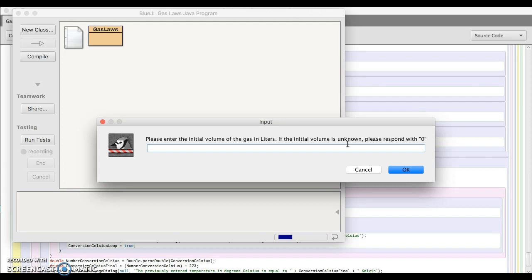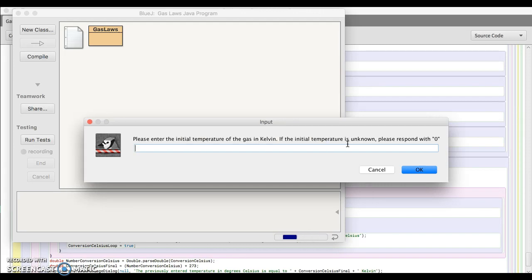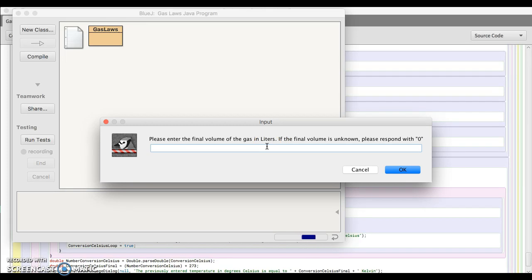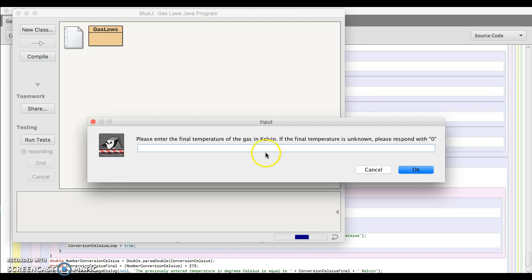So let's say that the V1 is unknown, so put 0. And let's say that the initial temperature of the gas in Kelvin was 78. And the user must remember that all temperature has to be in Kelvin, as for all gas laws, Kelvin is the temperature unit used. And for final volume, let's just use a random number such as 65.98, just to show that doubles can be used.